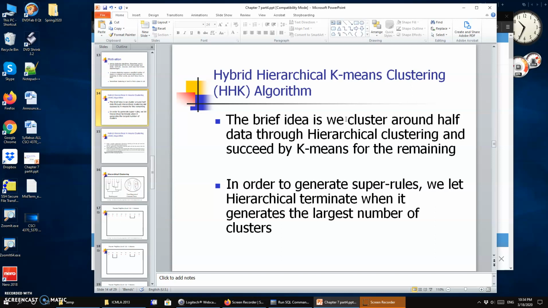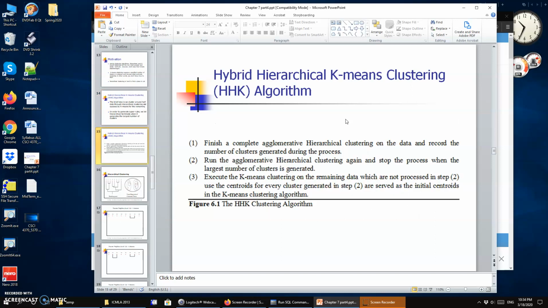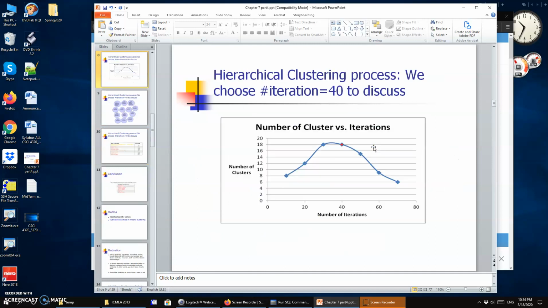And therefore, what we are trying to do is this. First of all, we need to finish the hierarchical clustering and keep track of how many clusters are generated, just like what we did in the earlier slides, like this one. We keep track of this figure, understanding how many clusters are being generated.